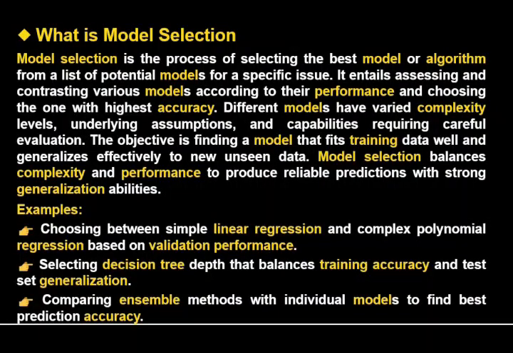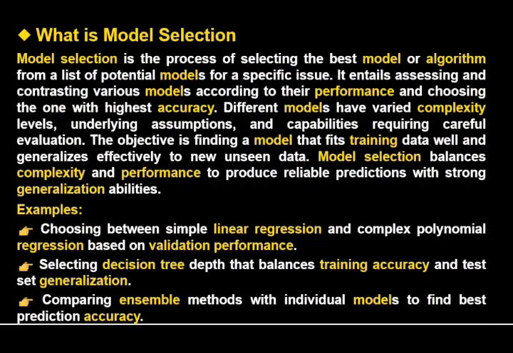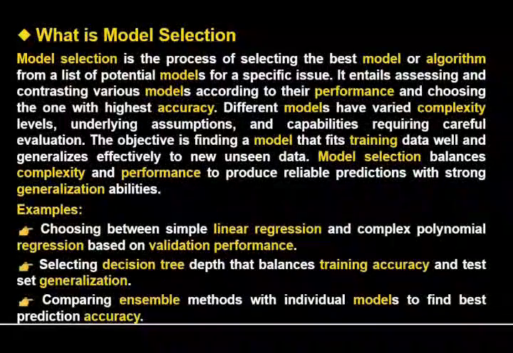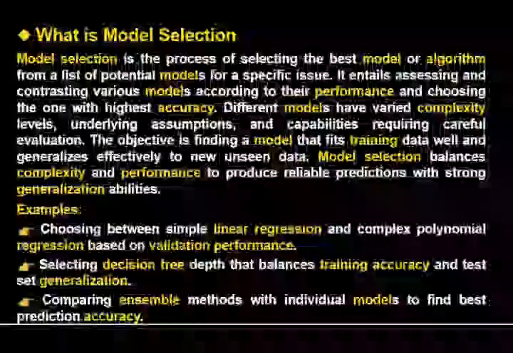This process involves training multiple models, evaluating their performance, comparing accuracy and error metrics, and selecting the model that generalizes best to unseen data. The goal is not just to fit the training data, but to perform well on real world data. For example, a simple linear regression may underfit the data.